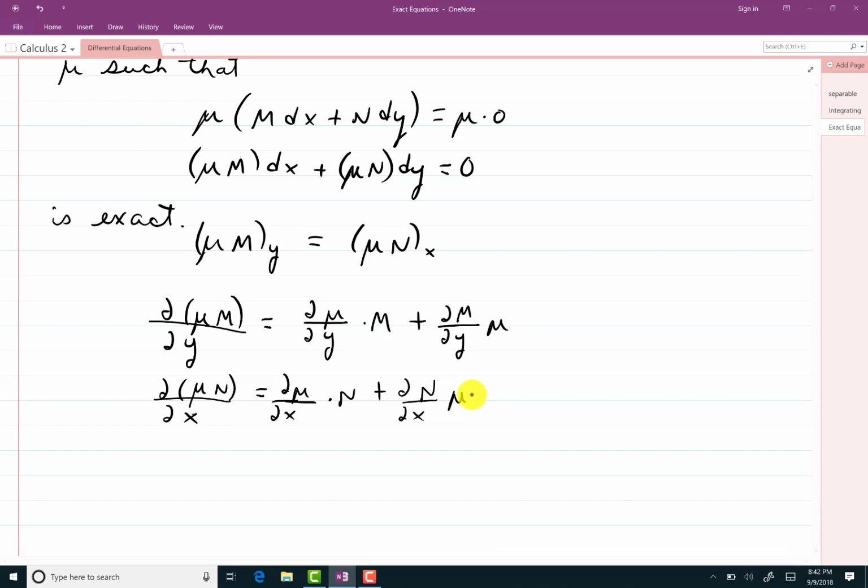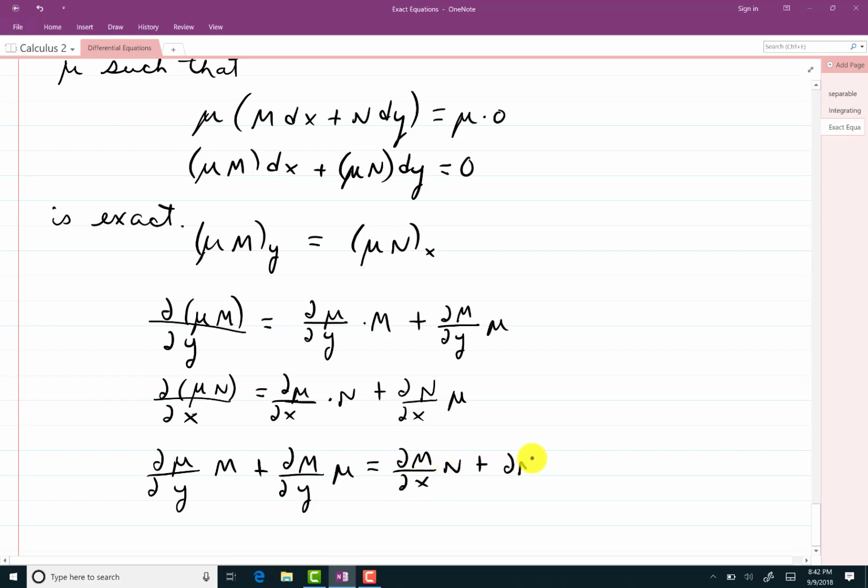So let's set them equal to each other. So I'll have d mu over dy m plus dm over dy mu equals dm over dx n plus dn over dx mu. Let me soften this notation up a little bit.